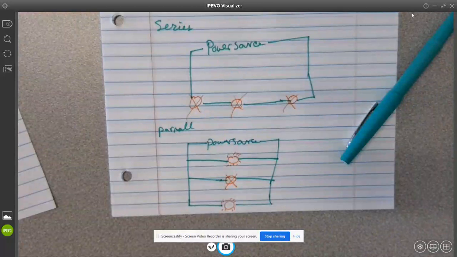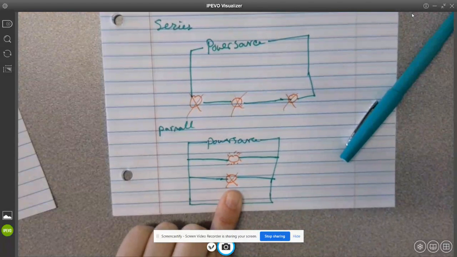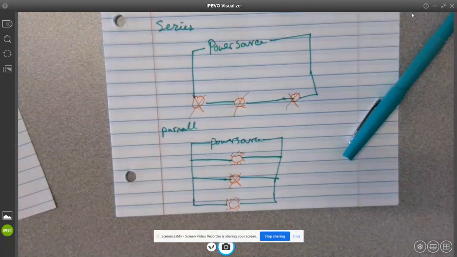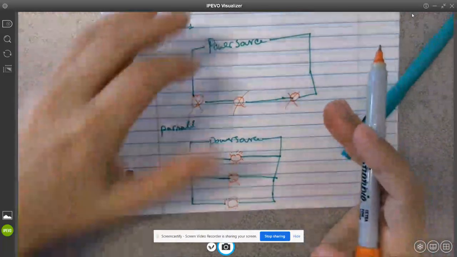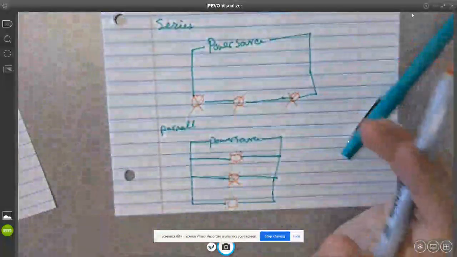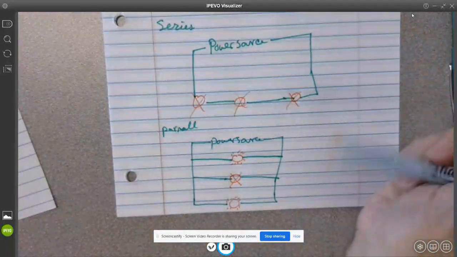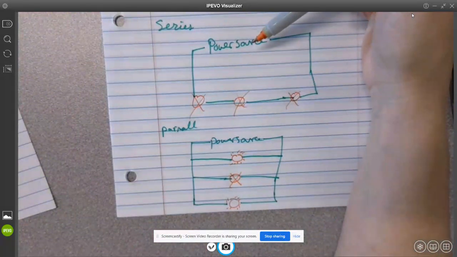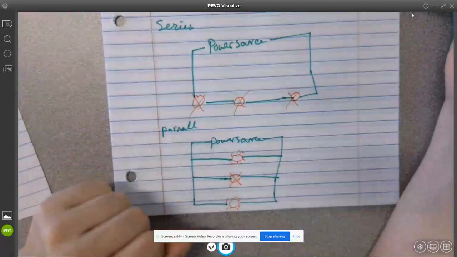They're still good. Same thing if this other one doesn't work, then these two lights will still work. That is because a parallel circuit is based on several series, on top of each other. So what you're going to have here is multiple different ways to wire up your circuit.